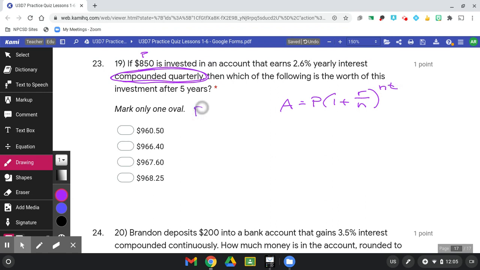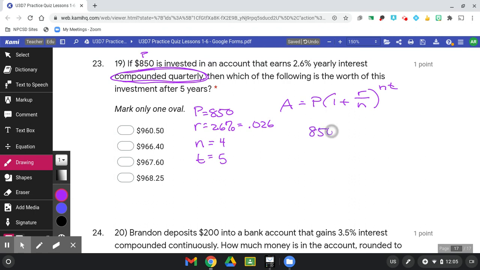All right, my P is going to be 850. My r is 2.6%, which is equal to 0.026. Compounded quarterly, the n represents the number of times per year. There's 4 quarters in a year. And after 5 years, t is the number of years, so that's 5.